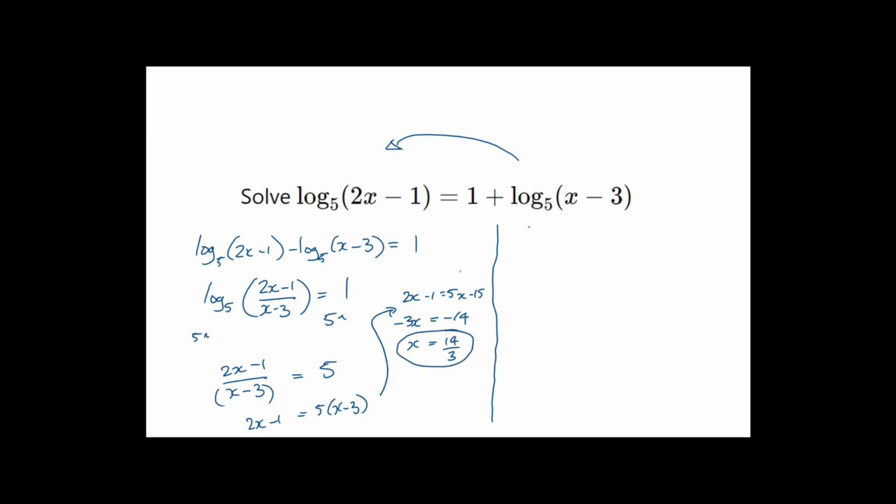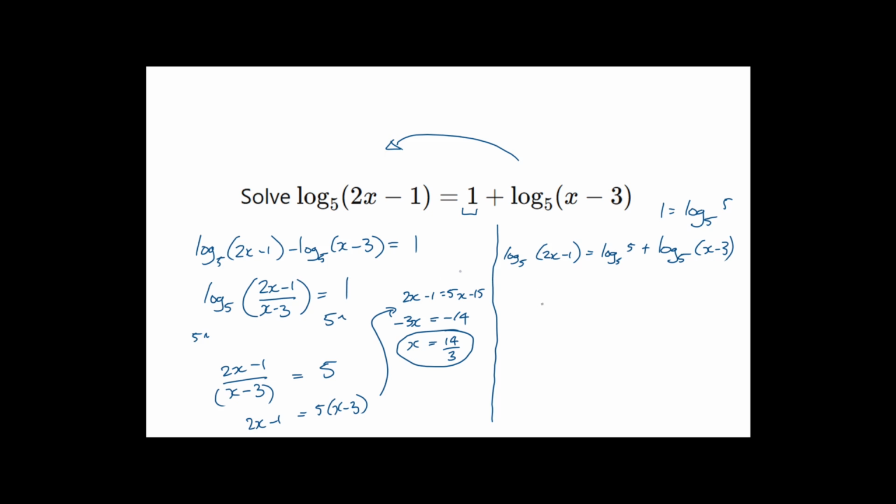The other way of doing it is to convert the 1 to log base 5. Our 1 is going to be equal to log base 5 of 5. And then we would have log base 5 of 2x minus 1 equal to log base 5 of 5 plus log base 5 of x minus 3.